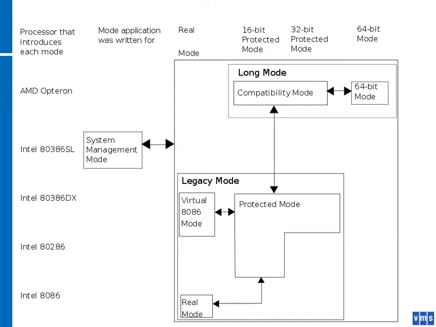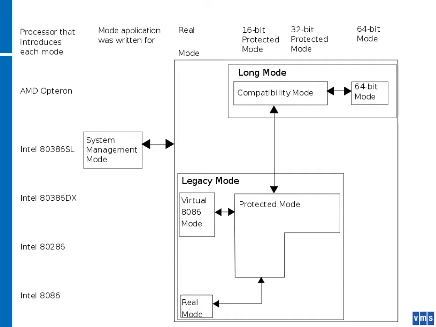So here you still have the real mode, which is 16-bit registers, 20-bit address space. Then you've got protected mode, originally 16-bit, then also 32-bit. Then if you're running in protected mode, you may want to run some processes that need to think that they're still running on an 8086. So there's something called virtual 8086 mode.